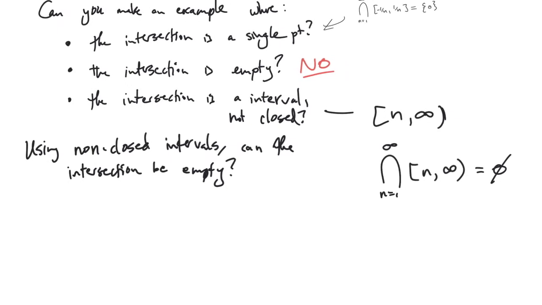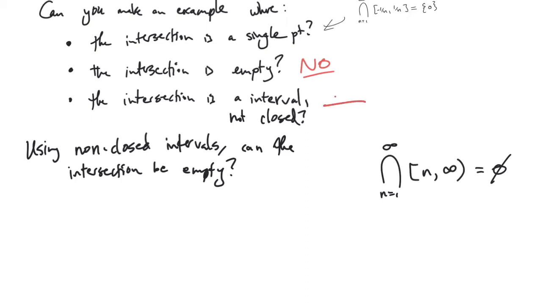So this is not really addressing the question about whether you can make the intersection into an interval which is not closed. Actually, I'm here to tell you, it is impossible. You can't do that. The reasons are not something we can explain in just a moment right now, but I'm just going to say this is impossible.